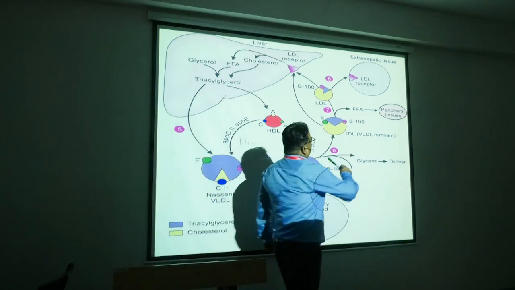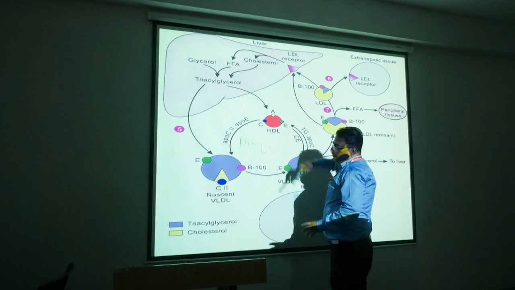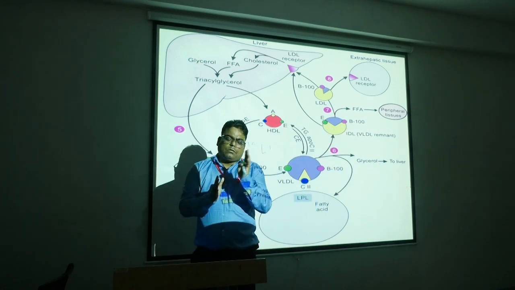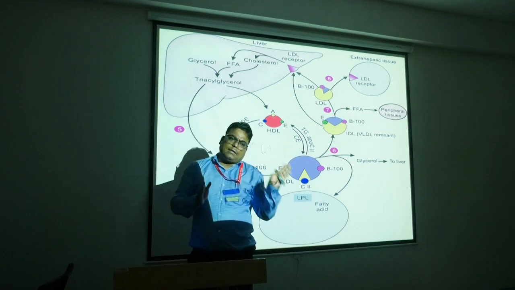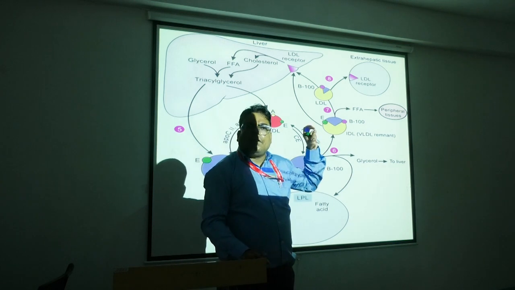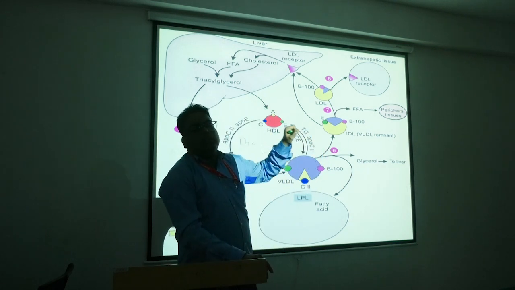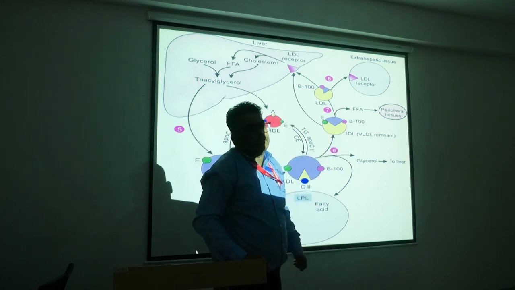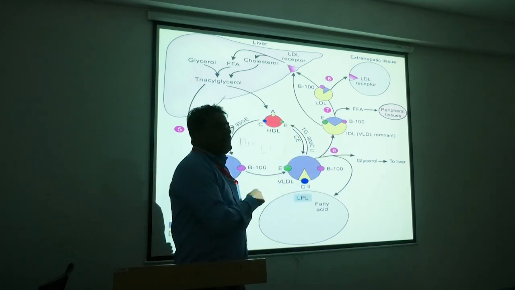So again, this is going to the peripheral tissues. In all the diagrams, you will see that these lipoprotein molecules are metabolized and then go to the extrahepatic tissues. Why go to extrahepatic tissues? For cholesterol deposition. But there is only one molecule which can take the cholesterol from these extrahepatic tissues. That is HDL.